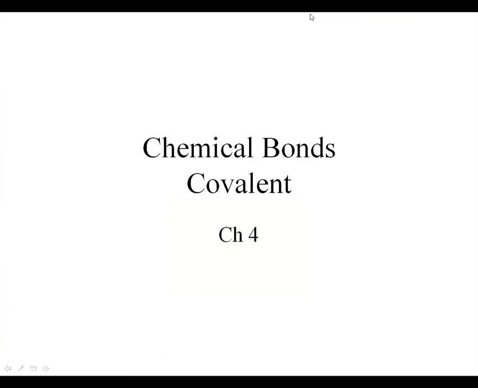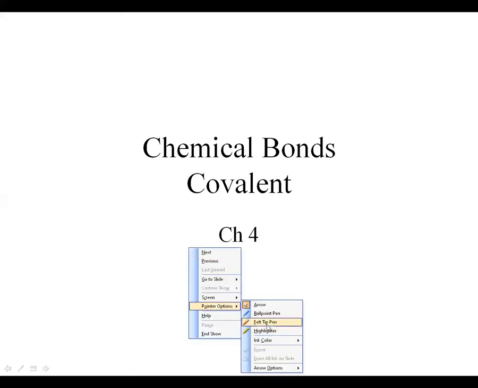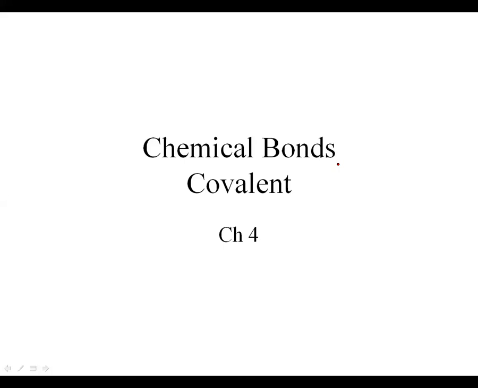All right. So again, this really is a continuation of chapter 4, which we were using before. Hopefully you can see that there on the screen. Okay. So in chapter 4 here, we're going to continue and we're going to talk about bonding now.